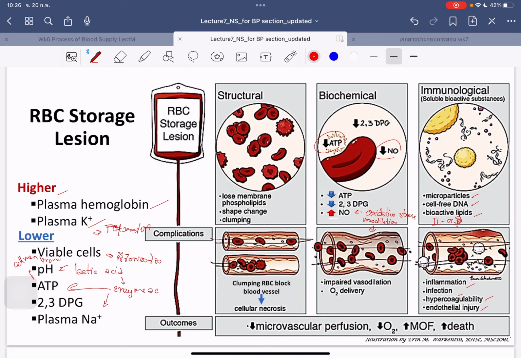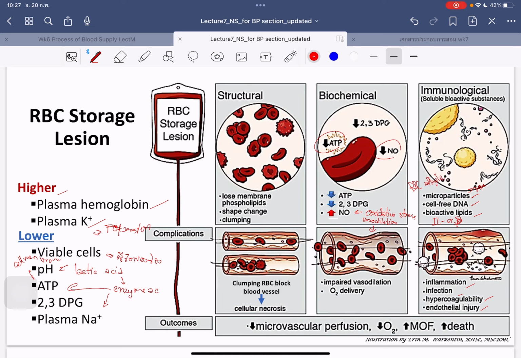So for this microparticle, micro means a small one. Particle means anything, like dust or something like that. But microparticles can be generated from red blood cells that fragment or digest into small particles and then fill back together into a very small red blood cell.